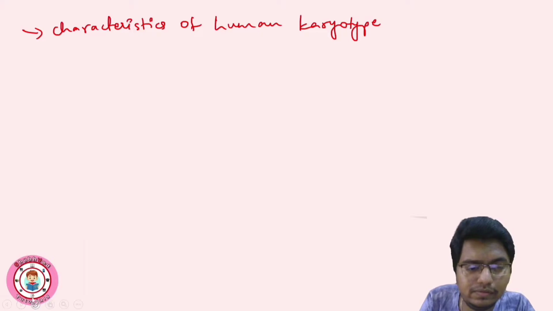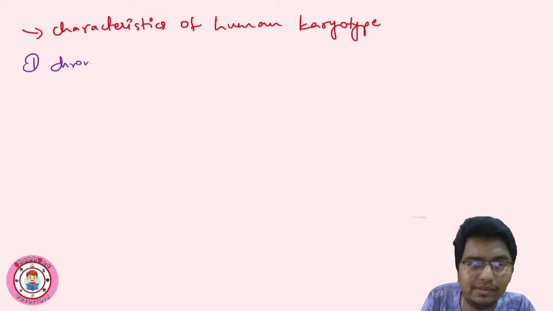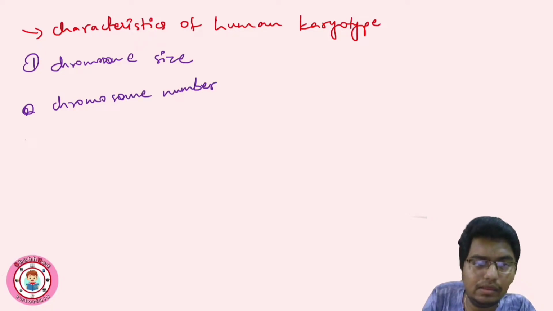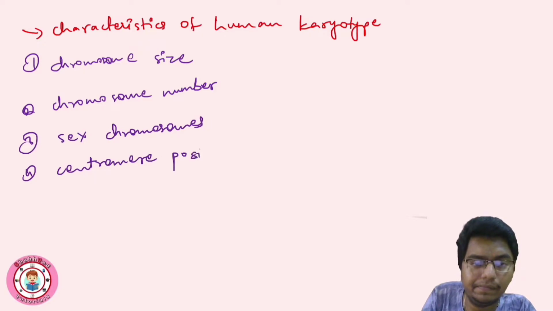So, characteristics of human karyotype. First point is chromosome size, then chromosome number, sex chromosomes, centromere position, then nucleolar organization.